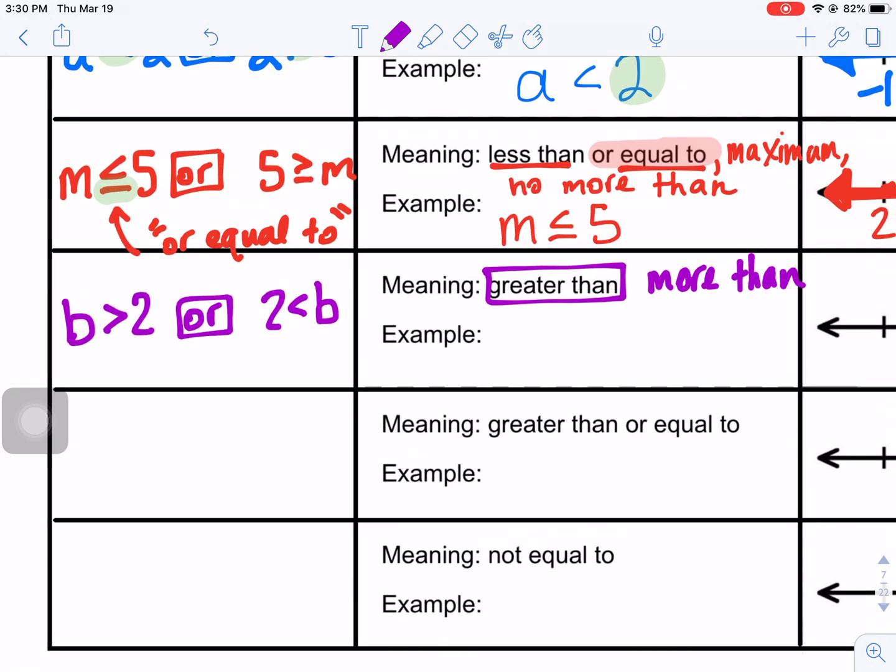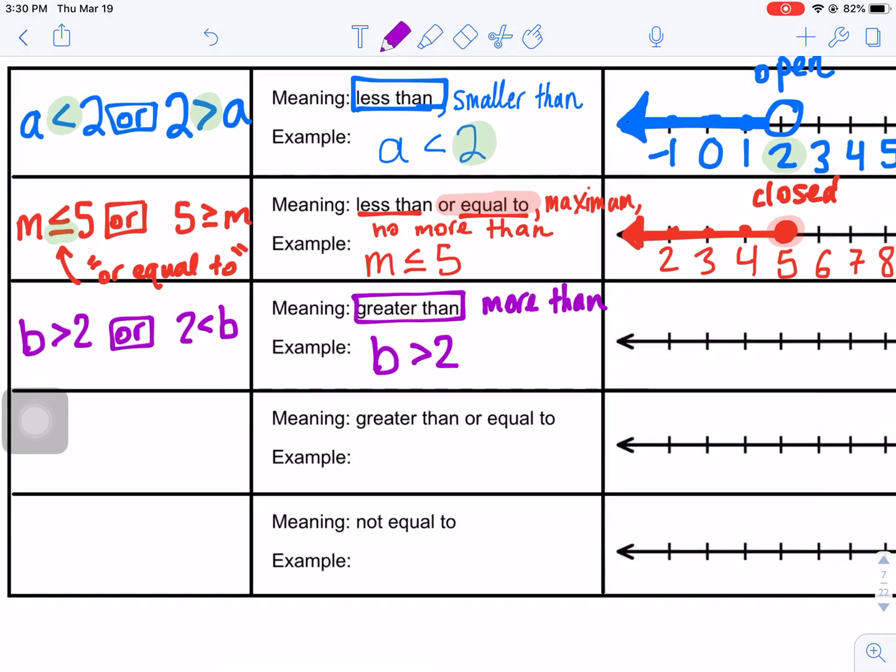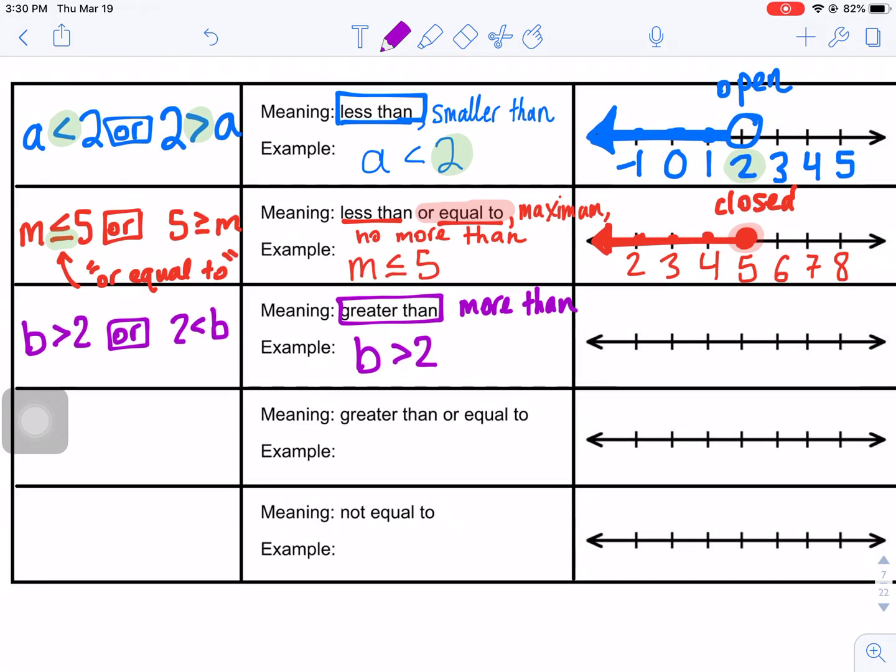So if we use that as an example, b is greater than 2, we're going to start at 2, 3, 4, 5, 1, 0, -1.